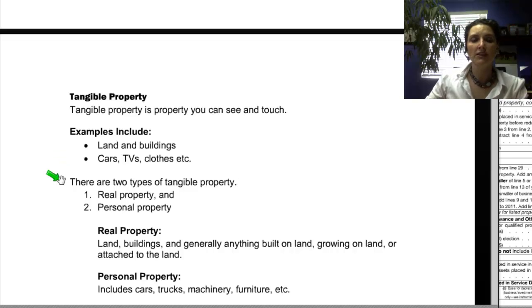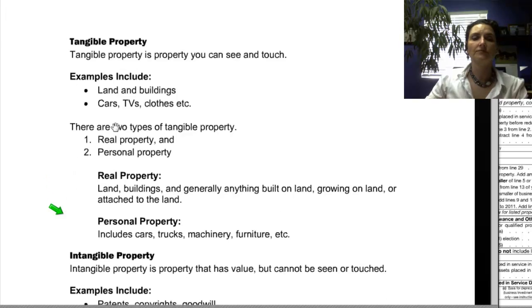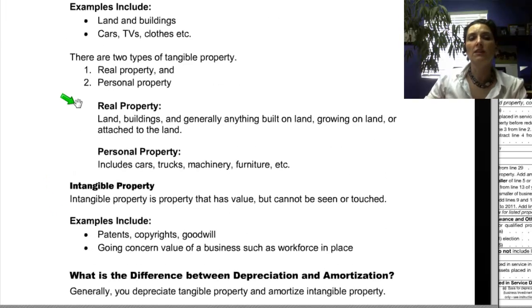And there are two types of tangible property, real property and personal property. Real property includes land, buildings, and generally anything built on land, growing on land, or attached to the land. Think of real estate and you've got real property.